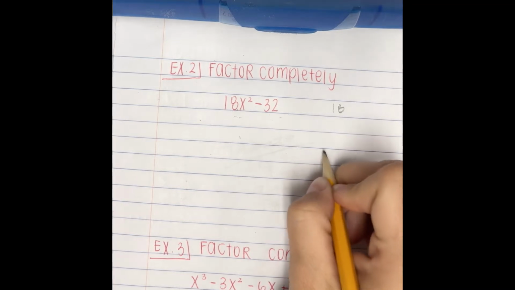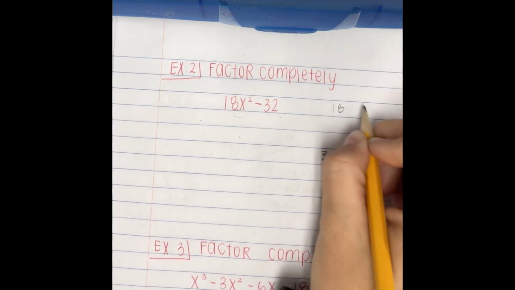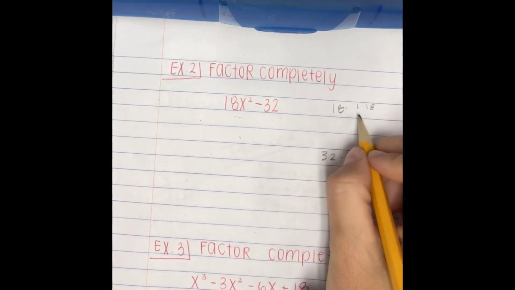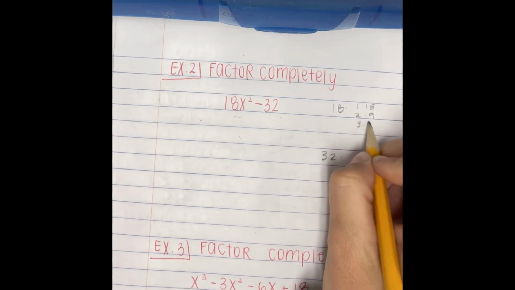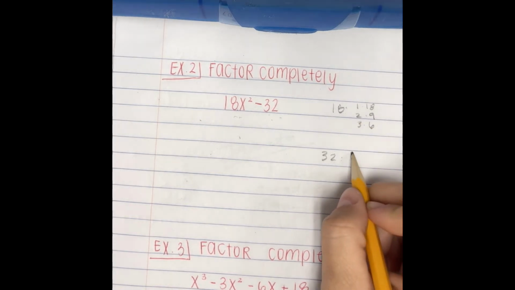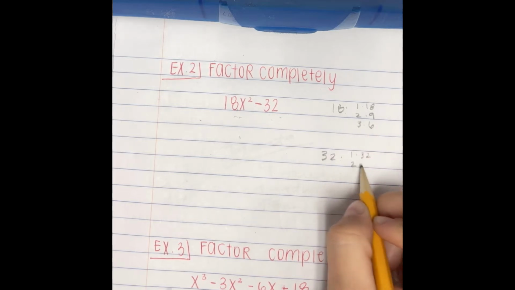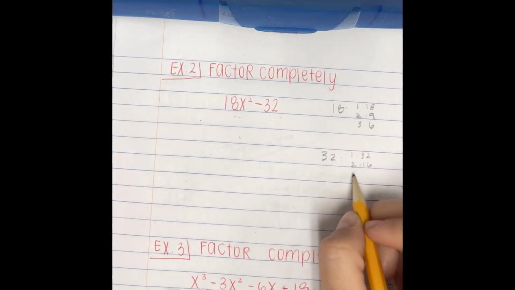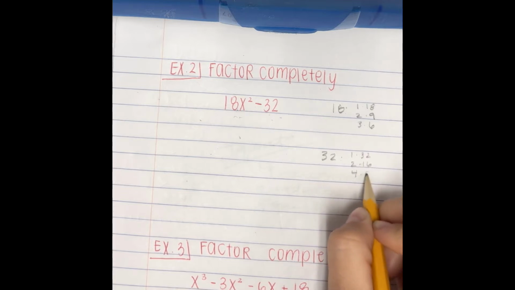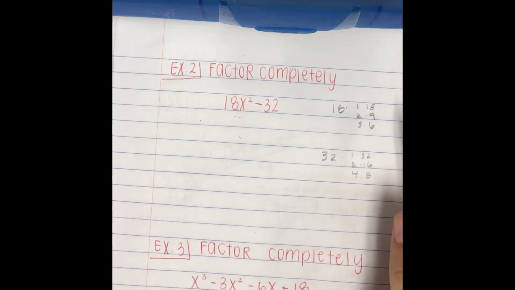So if I take 18 and 32, for 18 I have 1 times 18, 2 times 9, and 3 times 6. Well, let's see what we have for 32. 2 times 16, 3 doesn't work, 4 times 8, and that's it.